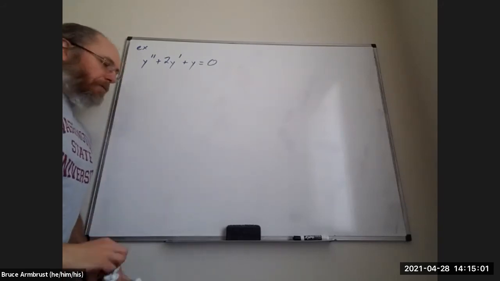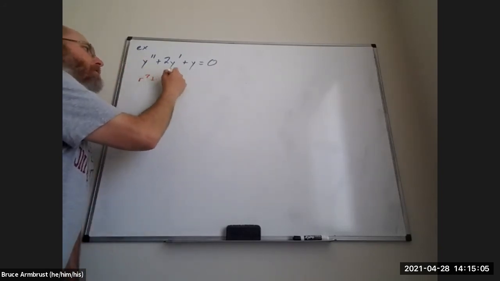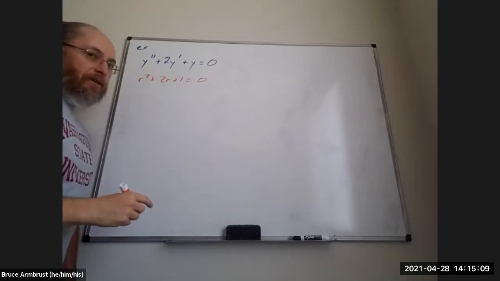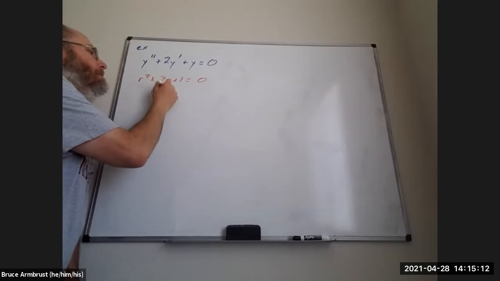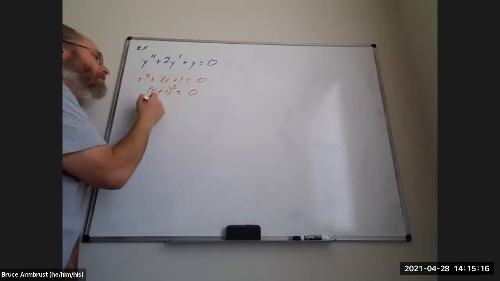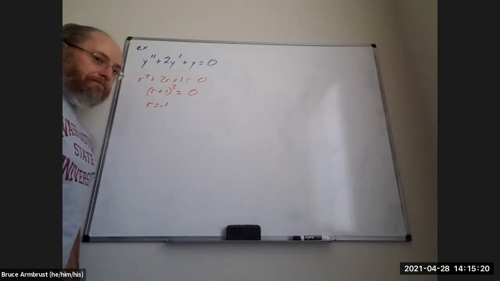So we make our polynomial, r squared plus 2r plus 1 equals 0. Turns out that this one does factor. It's r plus 1 squared. And we get r equals -1.